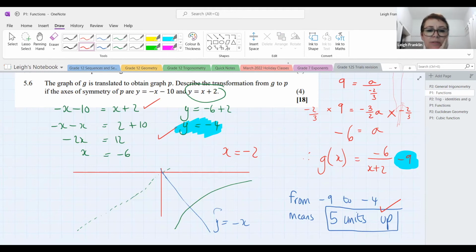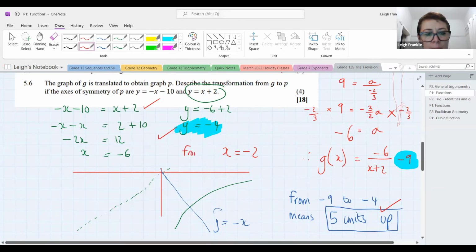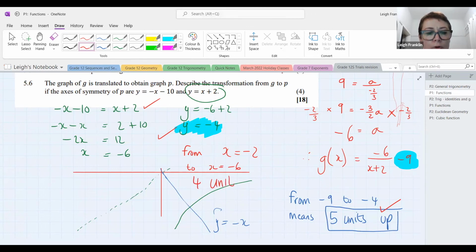So what's happened? 4 units to the left or 4 units to the right? Absolutely. Okay, we've gone 4 units to the left because we've gone from x equals -2 to x equals -6. So that is 4 units left.